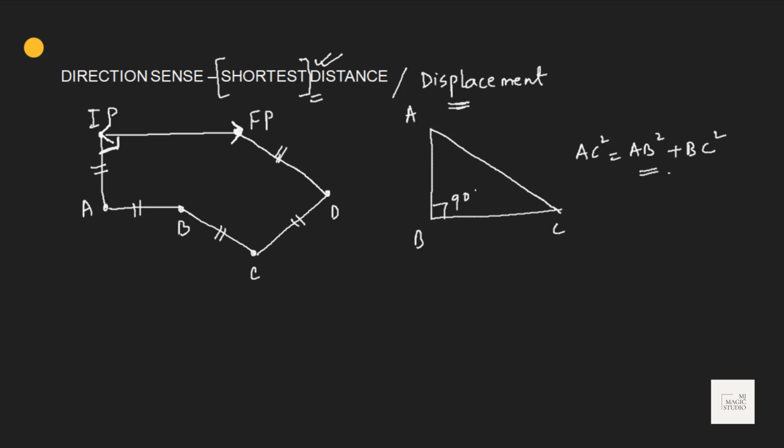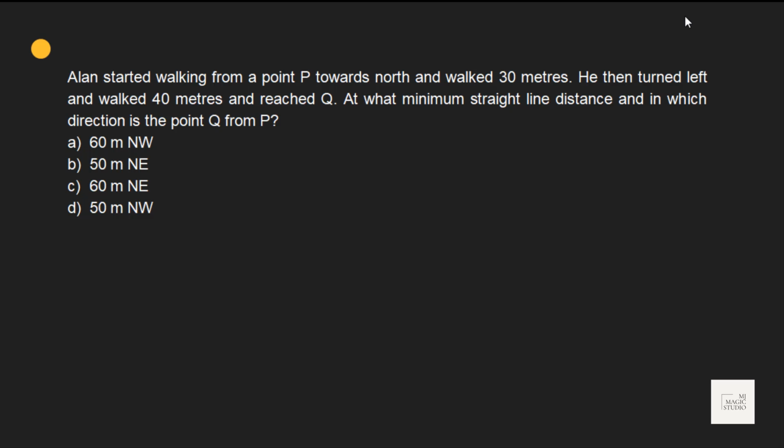So let's start with a few questions. I'll give you some time, you try it out yourself and then you come back quickly and we will see how we can solve these things. So be ready now. I hope you must have solved this by now. Let's see how we can do this and what's the correct answer for this.